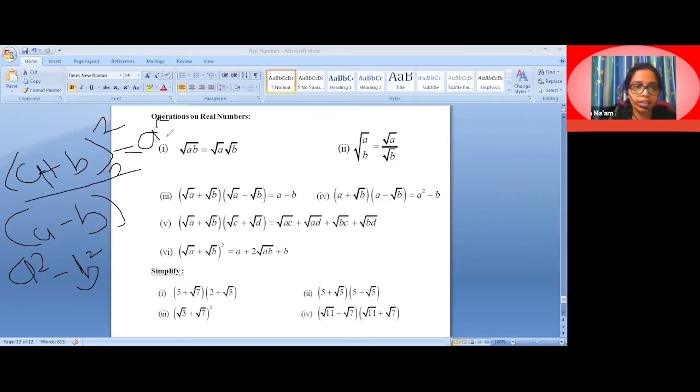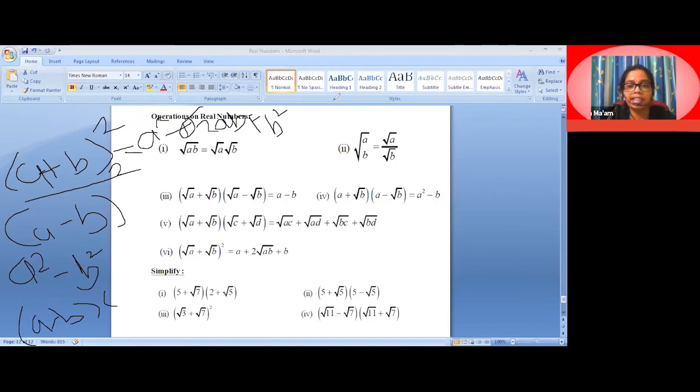A square plus 2ab plus b square, right? In case of a minus b, this sign will change and it will be a square minus 2ab plus b square, and a square minus b square will be (a plus b) in one bracket and (a minus b) in another bracket, right? These are the expansions. So you know this for the variables.